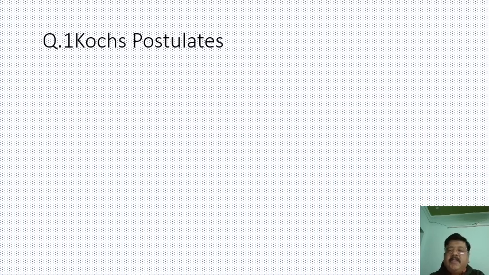So Koch's postulates. What was the necessity of Koch's postulates? To prove that a particular organism is the causative agent of that particular disease, because in those times a large majority of the reports were coming to claim that a particular organism was the causative agent of that disease. So Robert Koch postulated that number one, the organism should be constantly associated with the lesion of the disease.